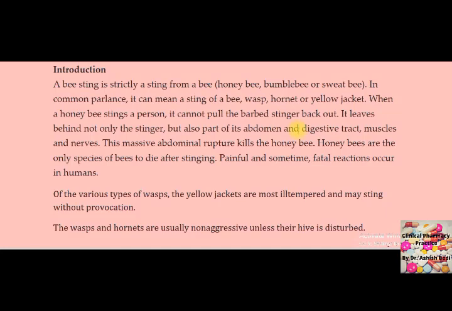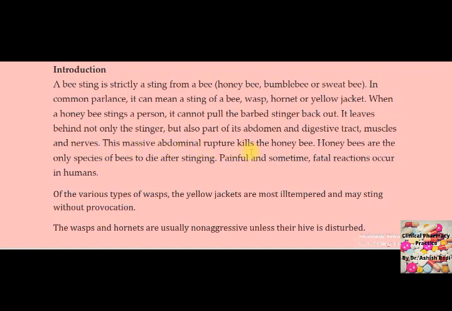The stinger detaches from its body, causing the bee to lose its abdomen, digestive tract, muscles and nerves. So at the end of the day, after stinging, the bee will lose its abdomen and digestive tract, and it will eventually die.